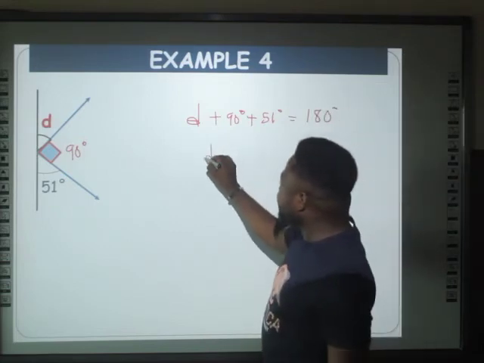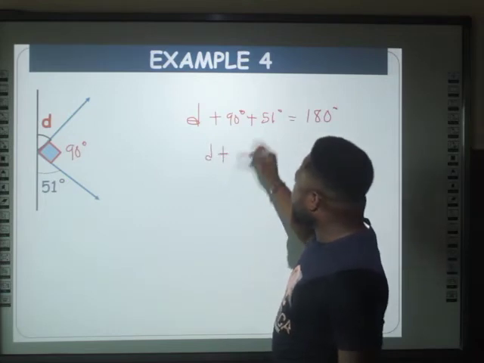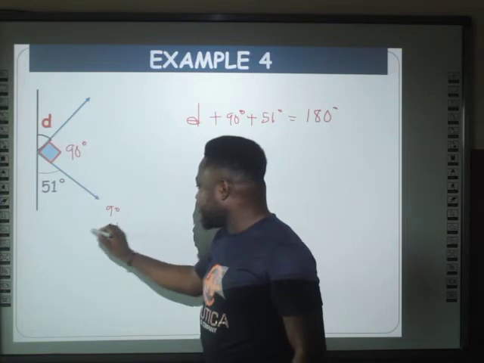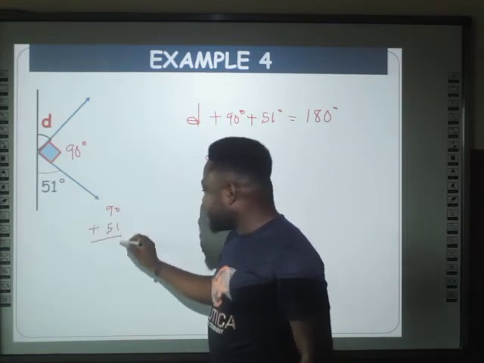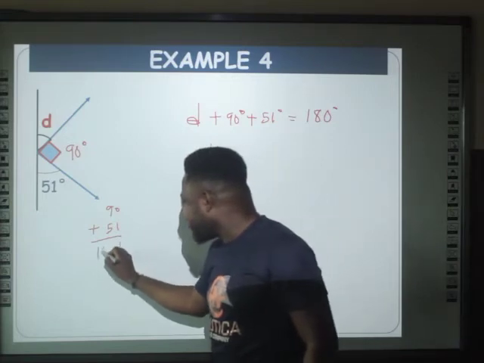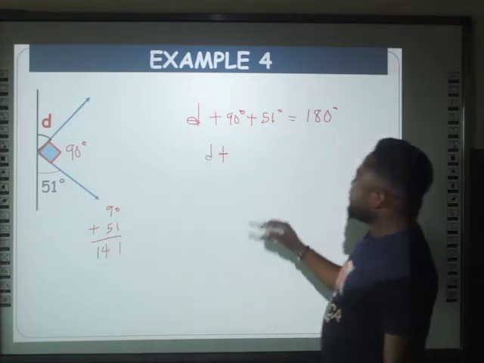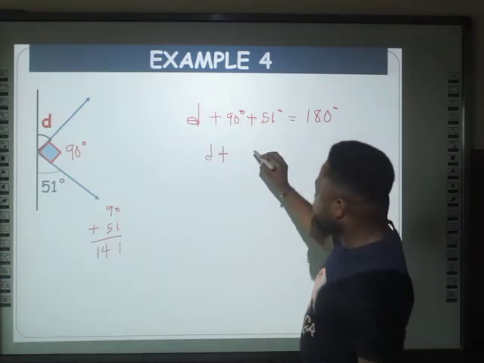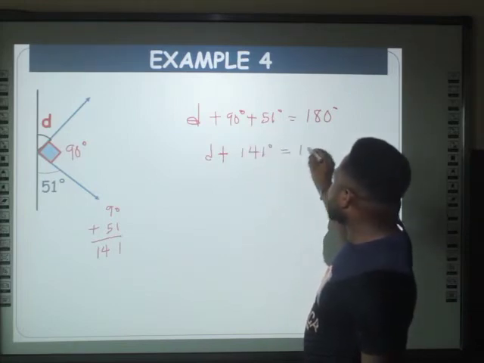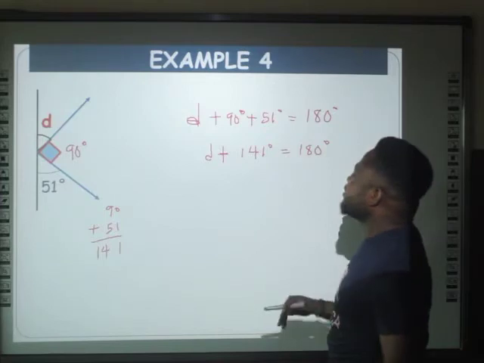So you drop down D plus, what is 90 plus 51? 90 plus 51. Of course, 0 plus 1 will give you 1. 9 plus 5 will give you 14. Okay? So that means 90 plus 51 will give you 141 degree. This will be equals to 180 degree.